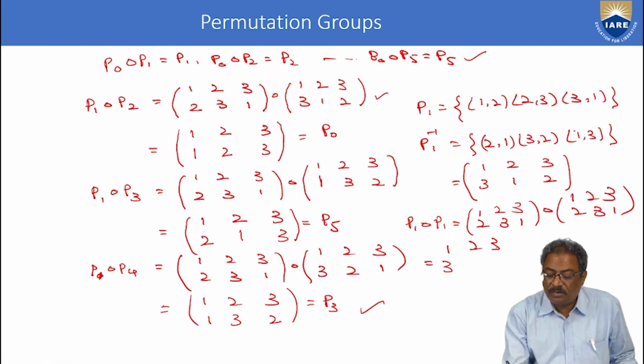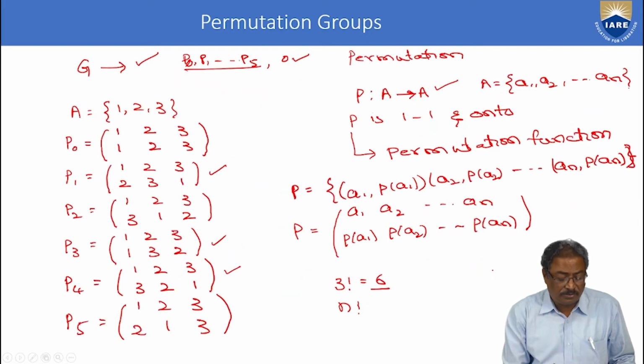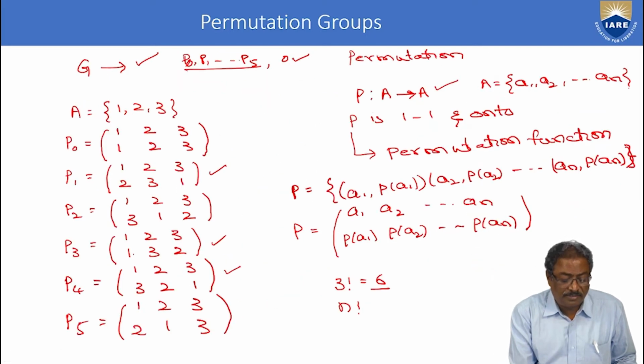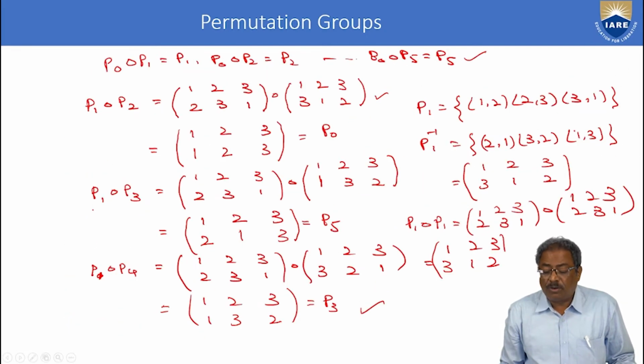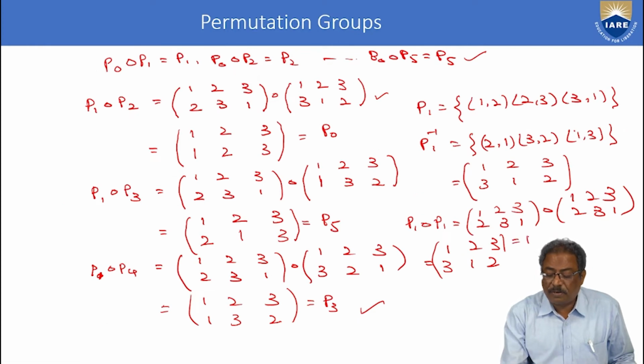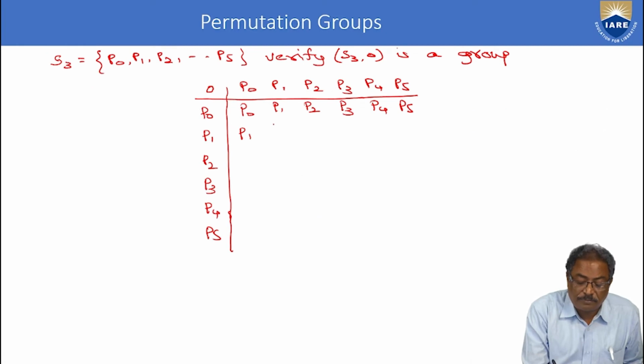Then 2 goes to 3, and 3 goes to 1, so 2 goes to 1. And 3 goes to 1, and 1 goes to 2, so 3 goes to 2. I get 3, 1, 2, which is P2. So I write this as P2.